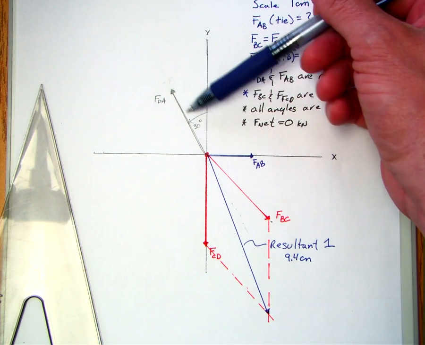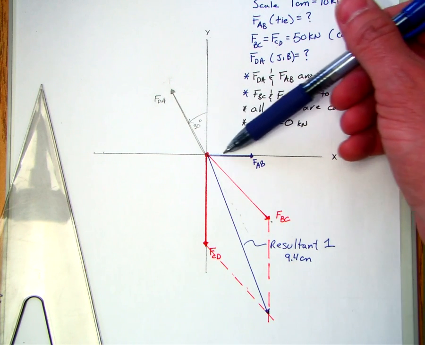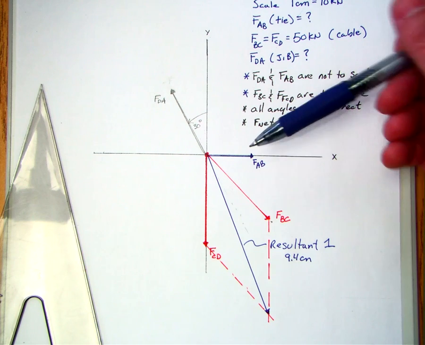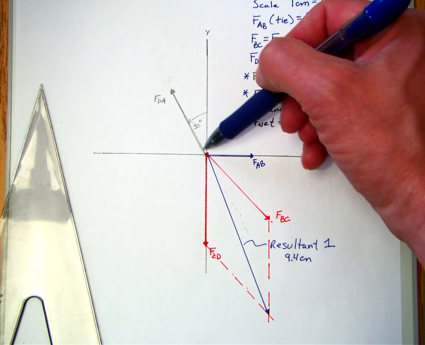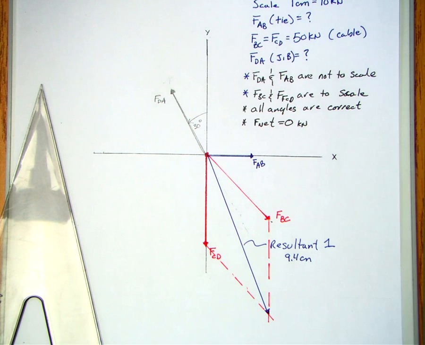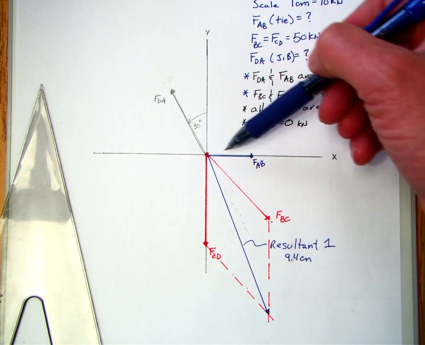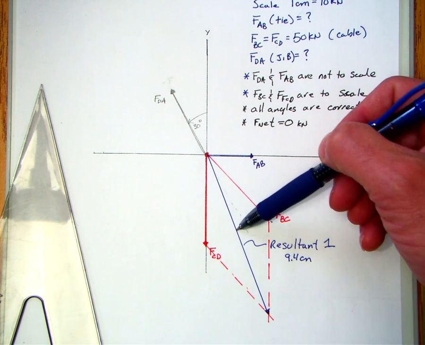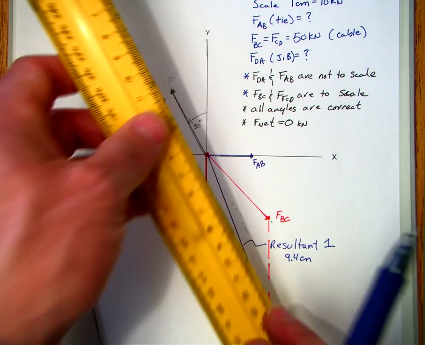Okay, this line here, vector DA, when added with this line here, vector AB, will form another resultant, and that resultant would point up and to the left. And because we're talking about the head of a crane, the net force at that point should be 0, so the resultant caused by these 2 forces would be the equilibrium to this resultant right here.